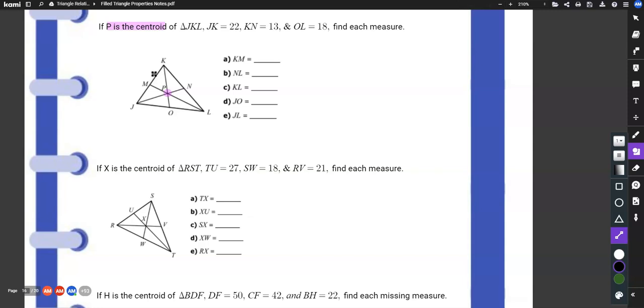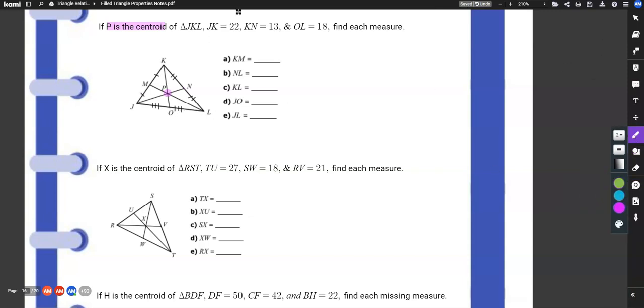So M is the midpoint of JK, N is the midpoint of KL, and O is the midpoint of JL.